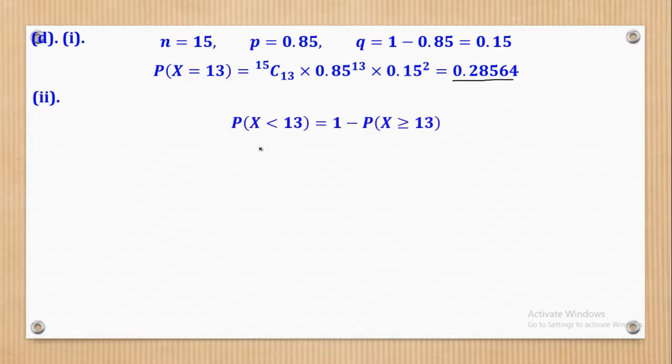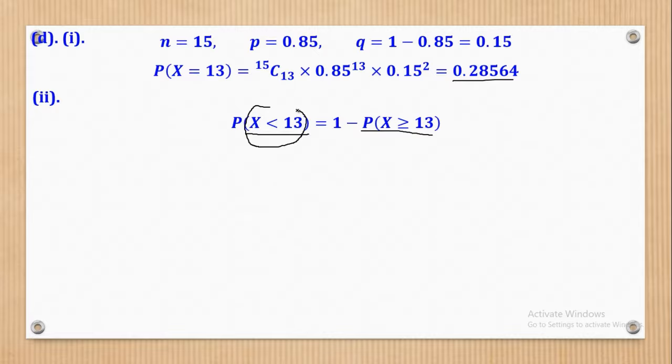Roman 2, they wanted the probability of x less than 13. Now x less than 13, the complement of x less than 13 is x greater than or equal to 13. Now we are using complement because this inequality x less than 13 has a lot of values, because it has 12, 11, 10, 9, 8, 7, 6, 5, 4, 3, 2, 1, 0.